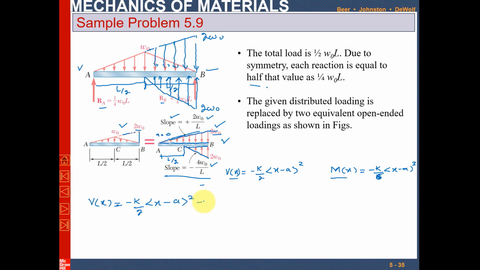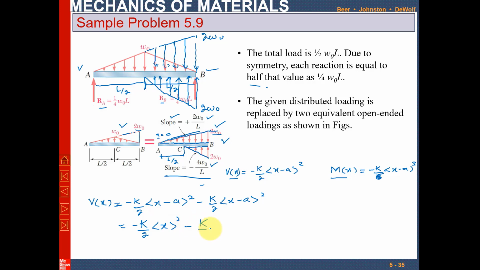For the first scenario, A will be equal to 0, so that will be minus K over 2 into x whole square.